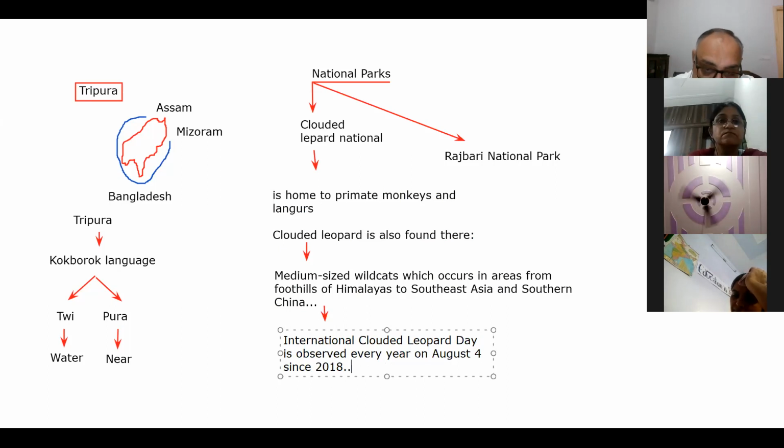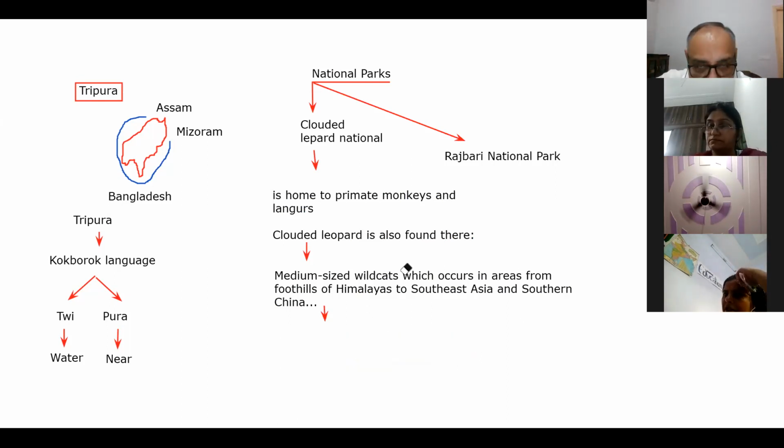So 2018 से ये start हुआ है. Every year इसको observe किया जाता है. 4th of August को International Clouded Leopard Day होता है, right? So this is about this.